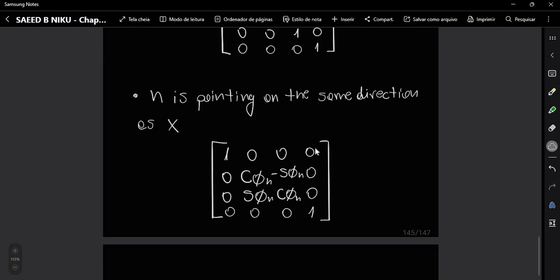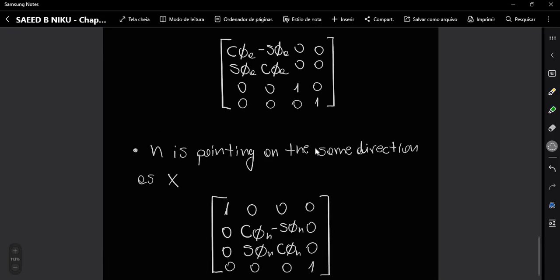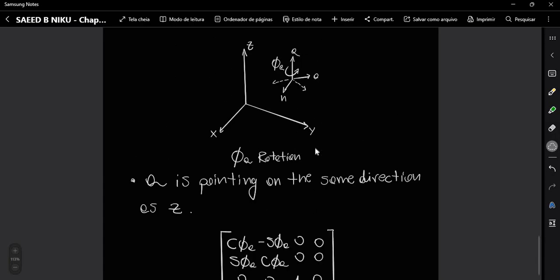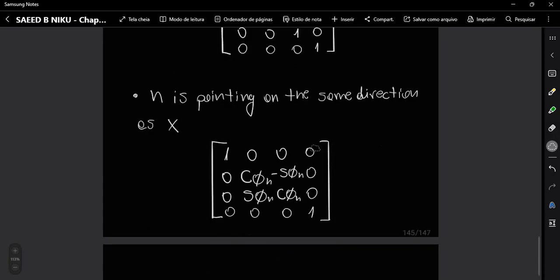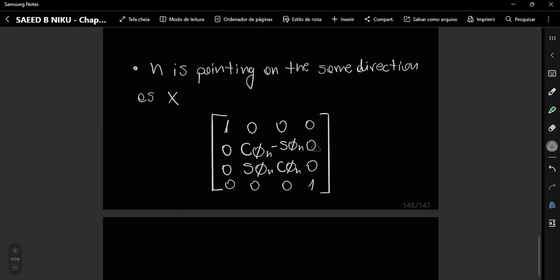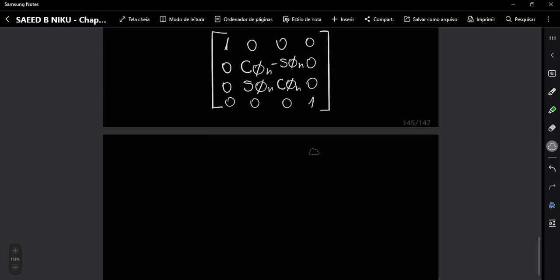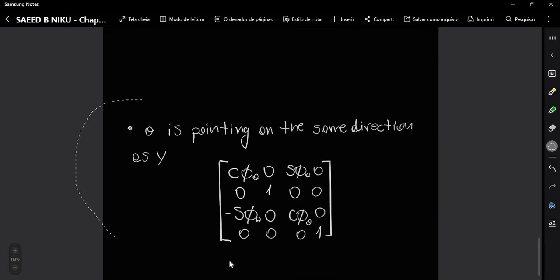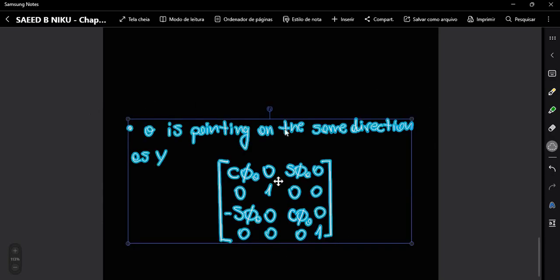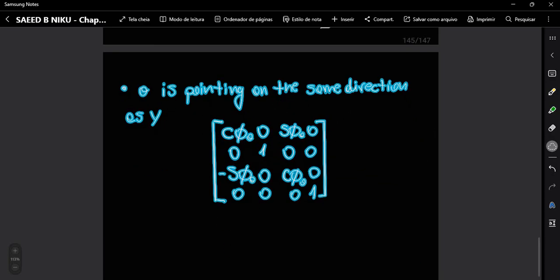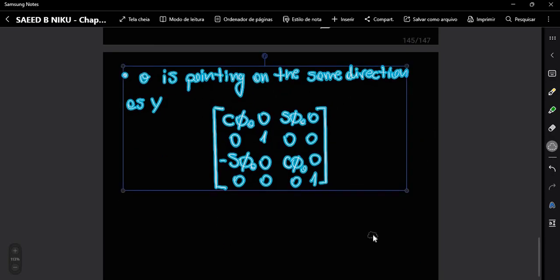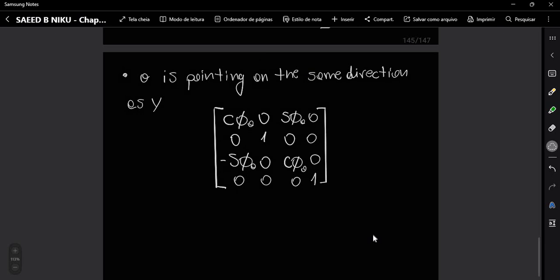So we use this characteristic rotation matrix to adapt to the axes of the moving frame, using their respective phi angles. Okay, and the o-axis is pointing in the same direction as the y-axis.